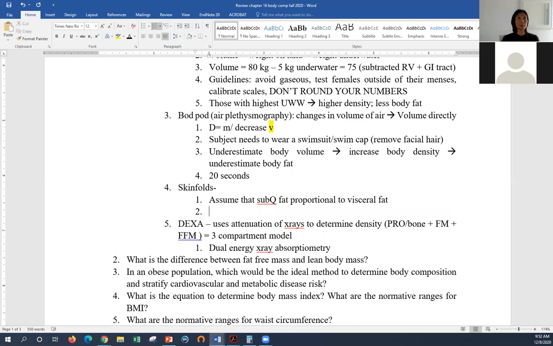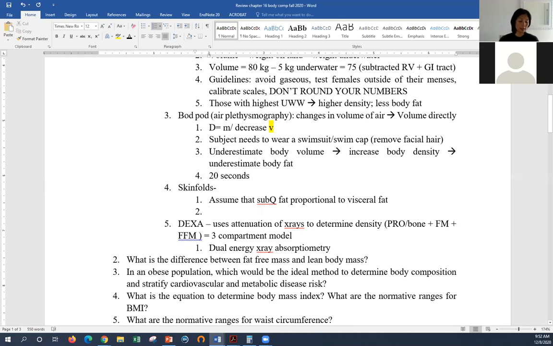So the example is in native Asians, so Asians from Asia have a higher percentage of visceral fat versus subcutaneous fat. So we know in this race, it's going to be different. This assumption is not going to hold true.